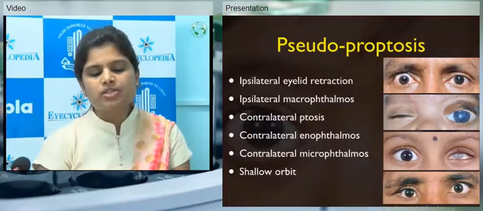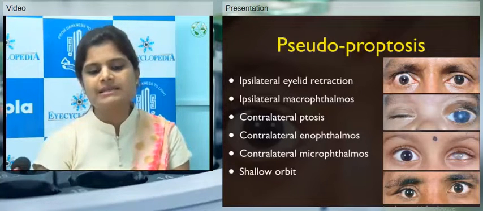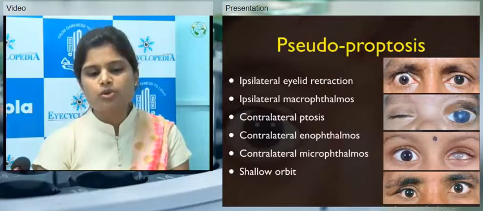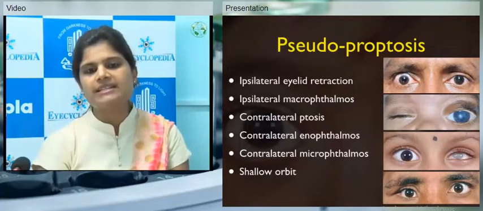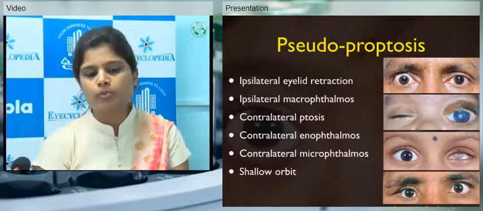In the third picture, the right eye is actually normal in size, not proptosed, but it appears proptosed only because the left eye is smaller, that is, the patient has phthisis bulbi. Similarly, in the lower one, the patient has enophthalmos in the right eye, and that is why the left eye looks prominent, but truly there is no proptosis.